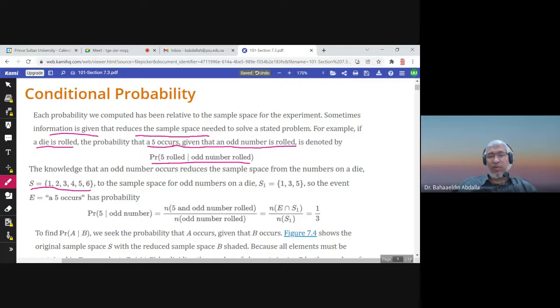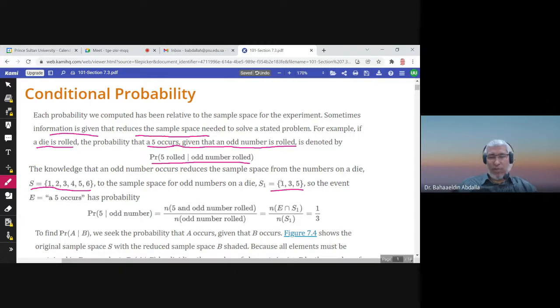So if the information is that an odd number is rolled, the sample space is not going to be from 1 to 6. The sample space would be 1, 3, and 5. And now I have to find the probability that 5 is rolled, but not using this sample space, using the odd numbers sample space.